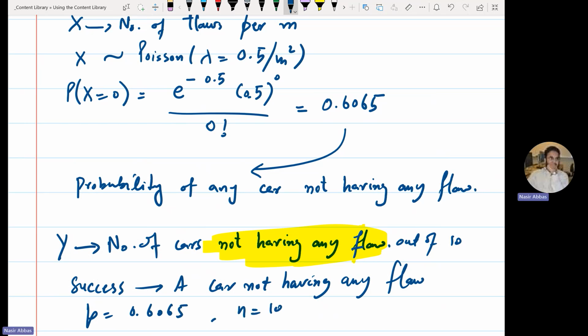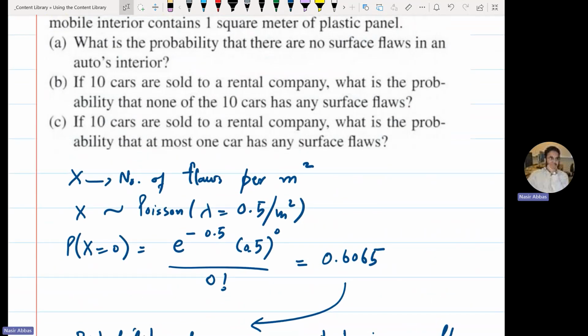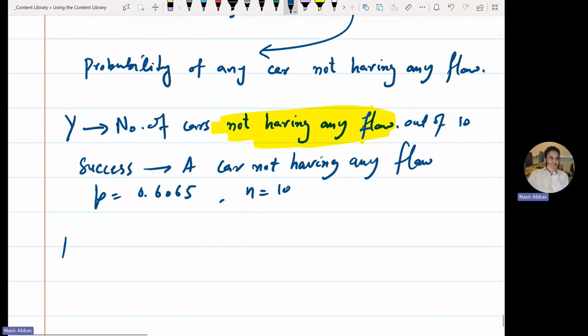What is required in part B? Now read part B. You select 10 cars and all of them have no flaws. That means all 10 of them are successes. So what is required? Y equals 10. X is Poisson. Y equals 10.